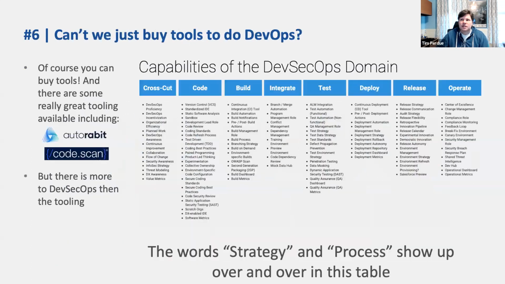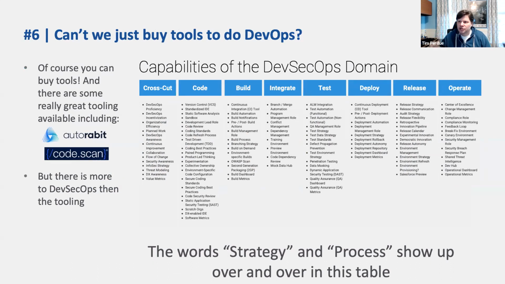Okay. Number 6, can we just buy the tooling? And yes, you can. You can buy a great tool. AutoRABIT, our customers love AutoRABIT. A lot of my federal customers use CodeScan, and they absolutely love these products. But when you think of the capabilities of a full DevSecOps program, you're thinking of these capabilities here. And I'll give you the slides so you can see some of them. There's a lot of things on here that have nothing to do with the tooling.